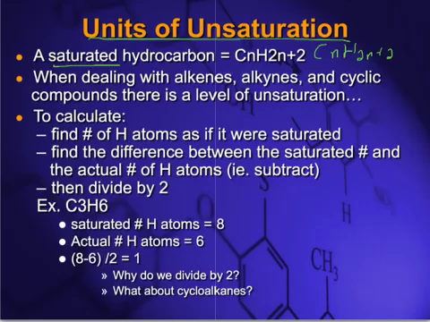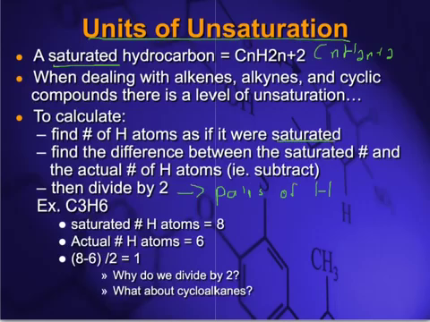So to determine how many units of unsaturation there are, which means we find how many pairs of hydrogens they can hold additionally, we're going to find the number of hydrogen atoms as though they were saturated, and then find a difference. We're going to subtract the formula given to us from the maximum possible, and then divide by 2, because we're interested in the pairs of hydrogens that the hydrocarbon can hold additionally.